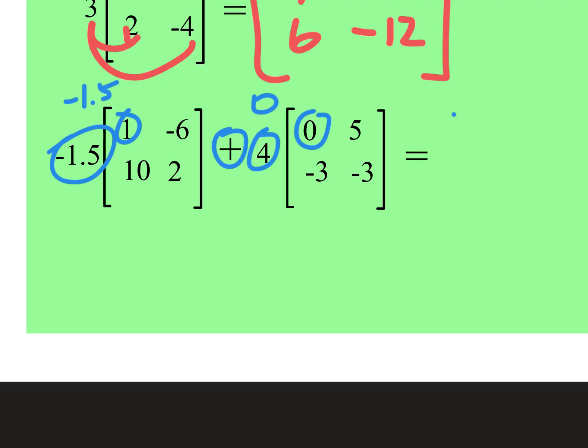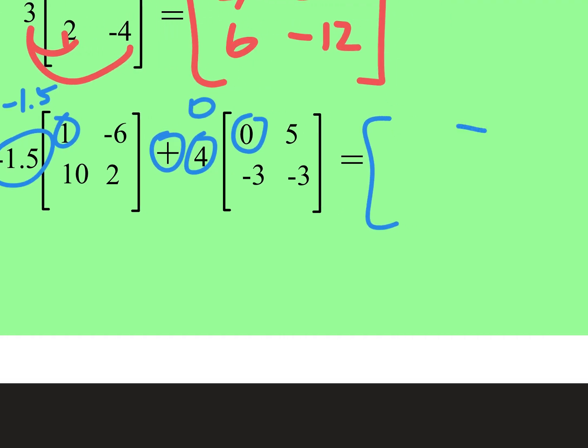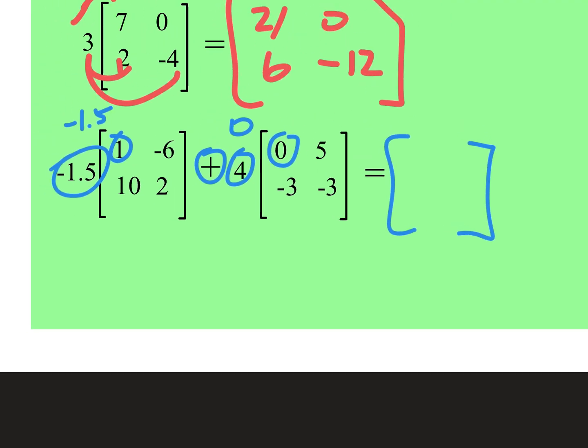And that would go in the upper left corner in row 1, column 1. And that'd be negative 1.5. Would you just do this one, the one I just circled in red, and put it here?